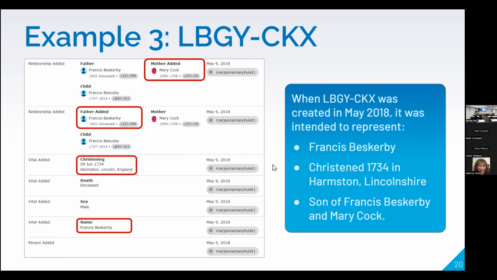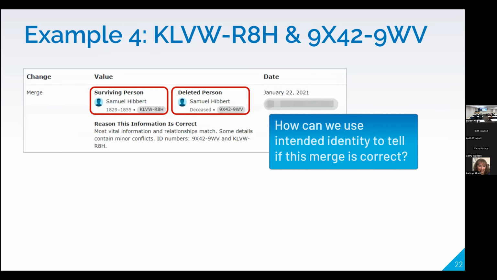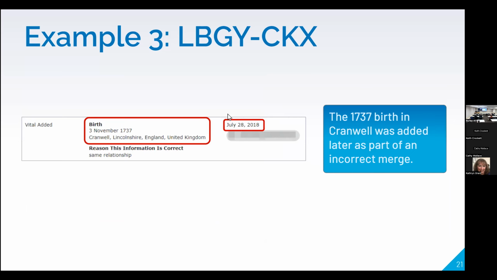Let's look then, how did that other birth information get added if it wasn't part of his original intended identity? Well, as we scroll up in the change log, oh, I should back up a second. Notice that this person was created in May of 2018. And then as we scroll up the changelog to the later entries, we find an entry in July, and it is actually for a merge.